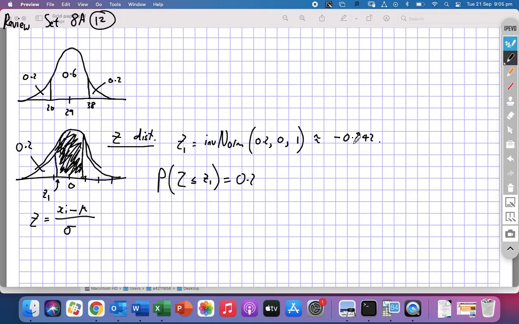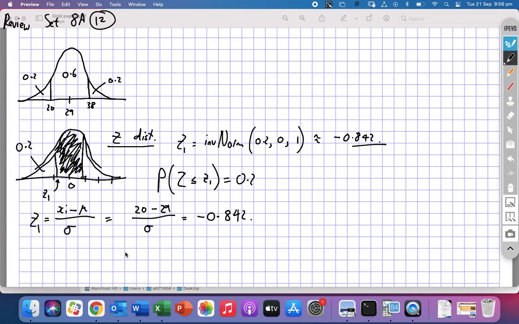So now, using this information and applying it to the Z score formula, on our normal distribution, if we think about our conversion to the Z score, we'd look at the deviation from the mean, 20 minus 29, over the standard deviation, which we don't know, we're trying to figure it out, but it has to equal minus 0.842.